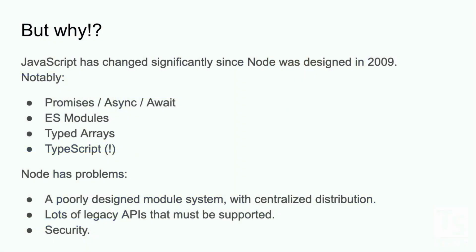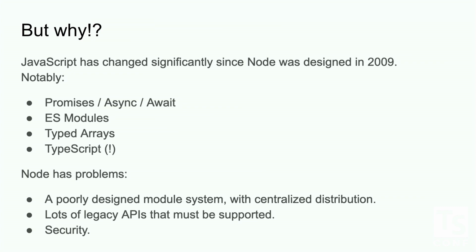So naturally, the question is why would you want to do this? Node is working, and why rewrite this? And I would just say that a lot of things have changed in JavaScript since 2009. Namely, async-await and promises are now standard in JavaScript, and JavaScript has a new module system, this ES module bit.